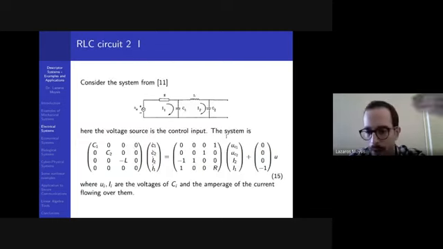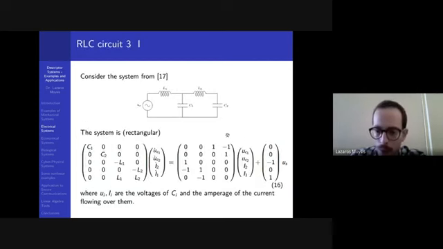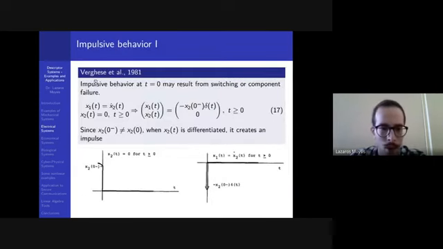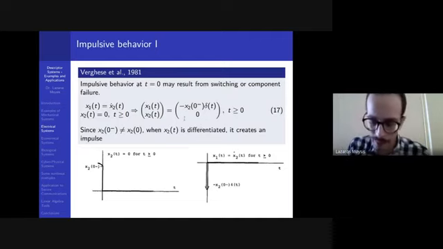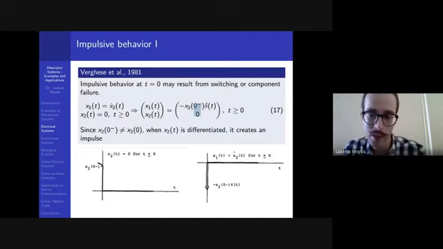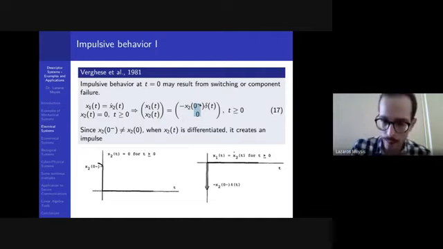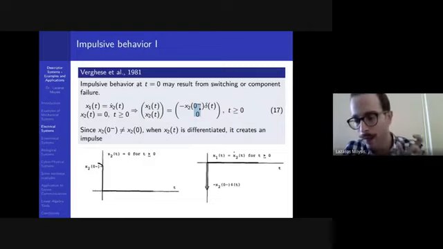And a similar case with this circuit and with this circuit. This is a comment by Verghese, which is a very popular paper. He comments that when switching appears, you need to realize that you have a difference between the state x0 at time 0 minus and the state at time 0 plus.